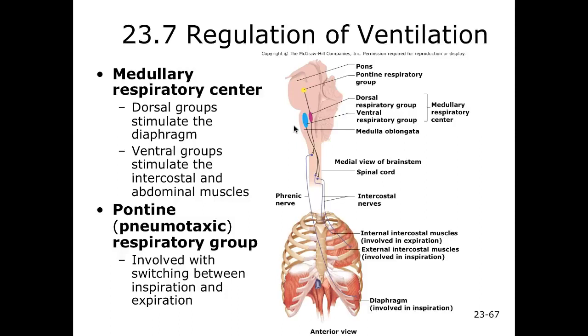We don't know the true function of these nerve fibers, but we do know, as illustrated here, that they connect to our dorsal and ventral respiratory groups. So they work in fine-tuning the breathing pattern.